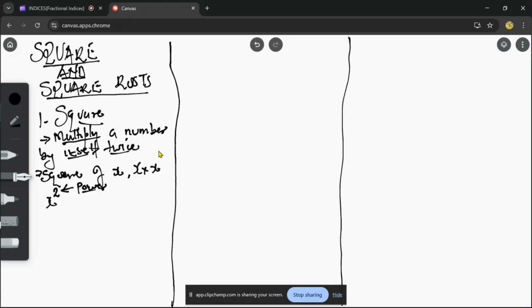This power is raised here. It is not on the same level with x. If someone writes a number like x power 2, this means that you are getting the square of this number, and it means x multiplied by x. So this is the meaning of square of a number, just a number multiplied by itself twice.